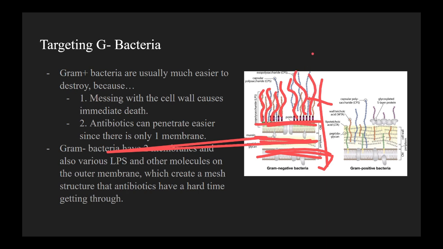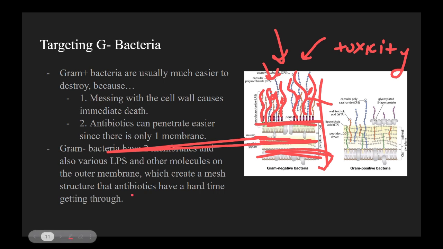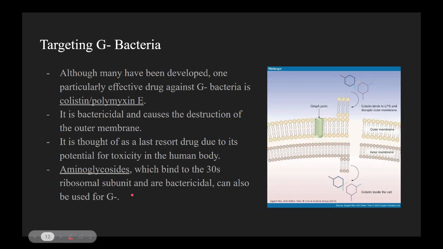And remember, these can help with toxicity, so they can aggravate the immune system, and they can also help with adherence to surfaces, etc. But this creates this mesh framework that's very hard to penetrate through. So a lot of drugs will just get caught up in all these fibers here. So this means that gram-negative bacteria are harder to target with antibiotics.